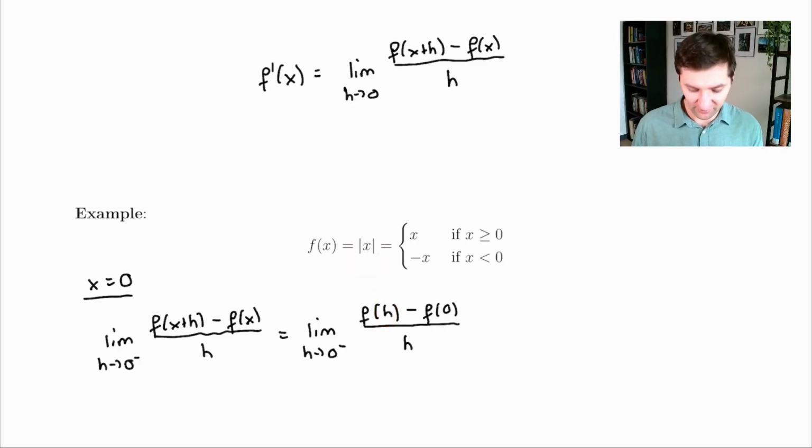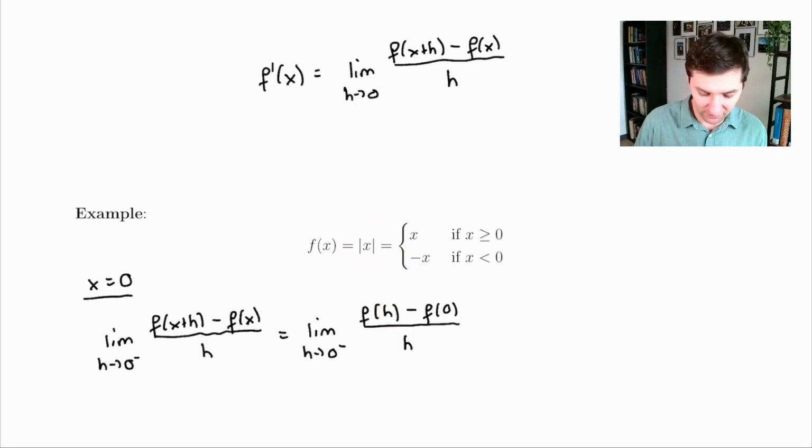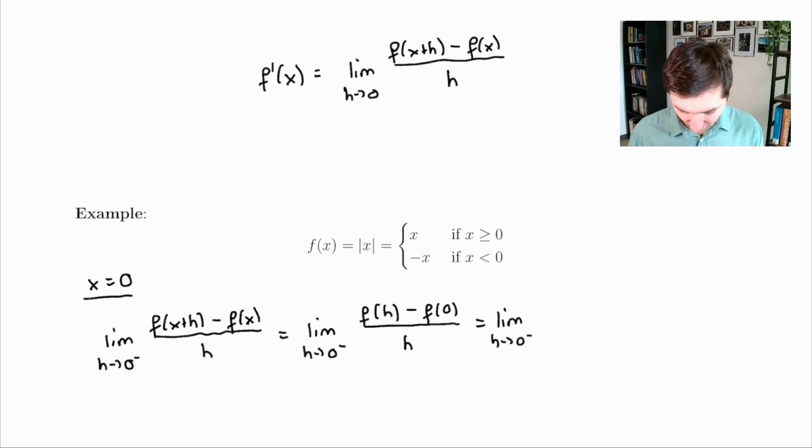To rewrite absolute value without the absolute value signs, when the inputs are negative, I put a minus in front. So instead of writing absolute value of h, I can write negative h. So that gives me the limit as h goes to 0 from the left of negative h minus 0 divided by h.